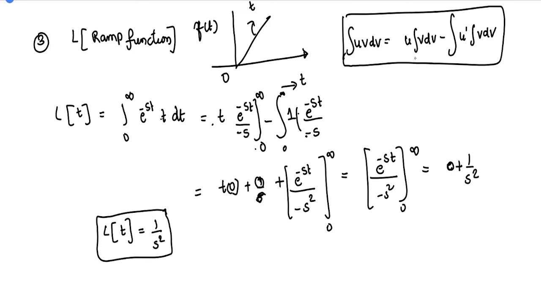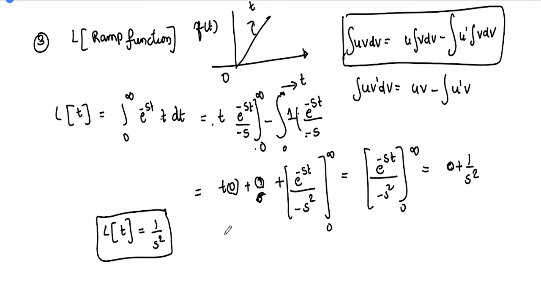For this you need this formula; otherwise you can take it like this: integration of u v dash dv is equal to uv minus integration of u dash v.